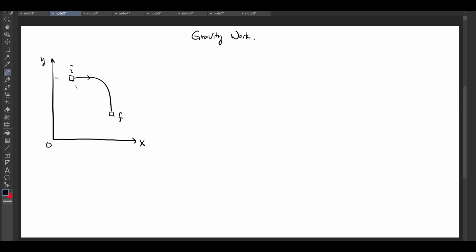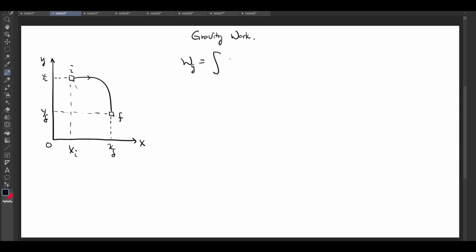Of course, corresponding to the initial position we have y initial, x initial, y final, x final. We have all these coordinates that we know. Now we want to calculate the work done by gravity in this process.